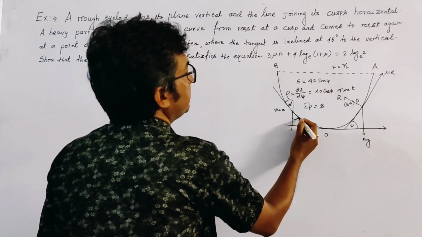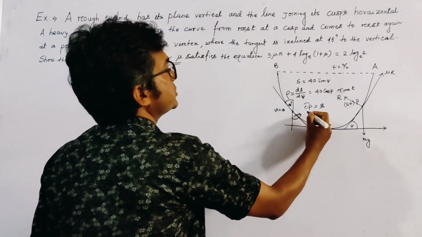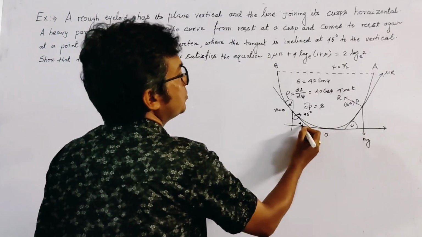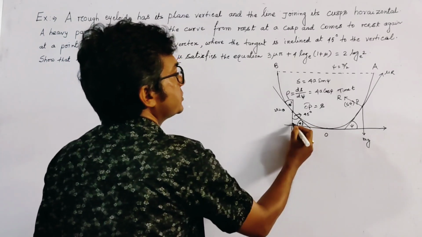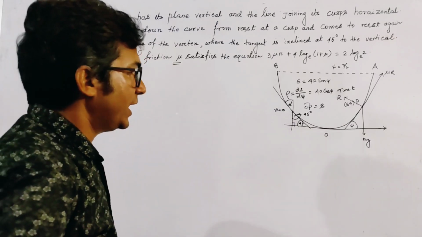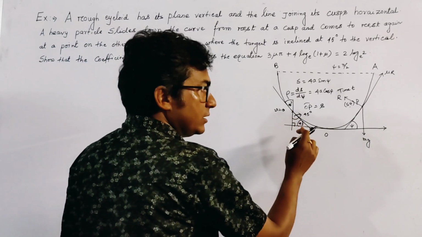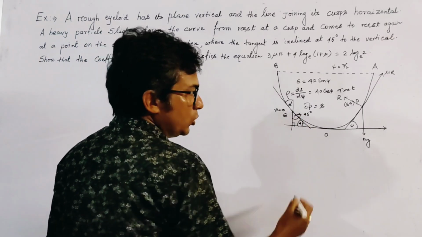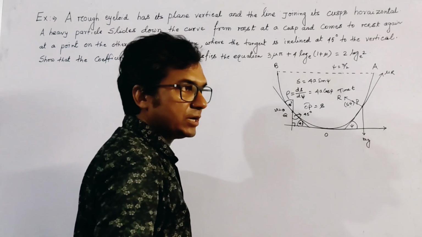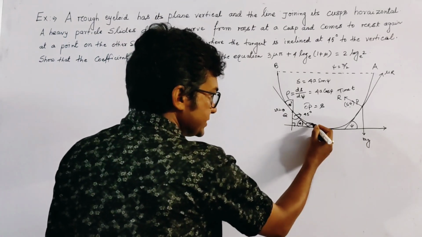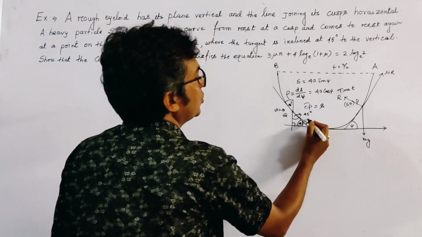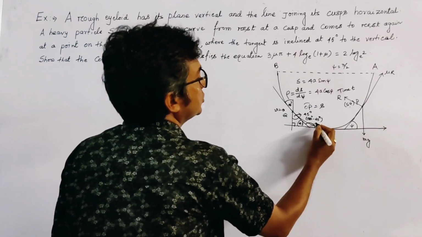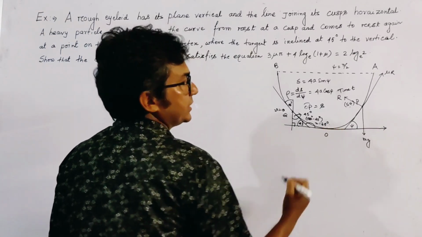So this must be 45 degrees because it is vertically opposite, and this is 45 degrees, which means this is also 45 degrees. Because this is pi by 2, a right angle, the angle the tangent at that point, let it be Q, makes with the positive direction of the horizontal line at O is 180 minus 45 degrees, so this is 135 degrees.